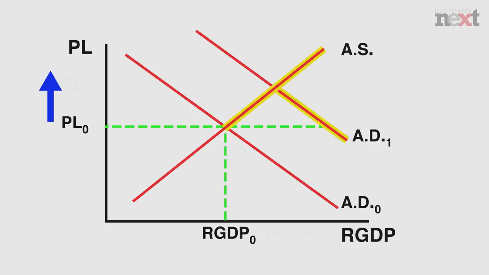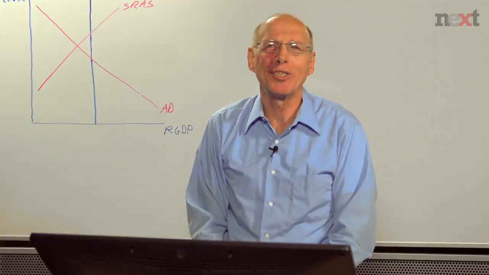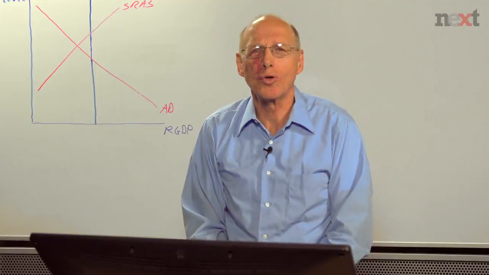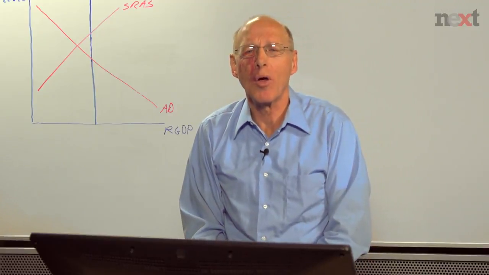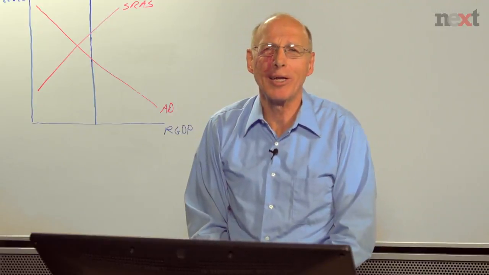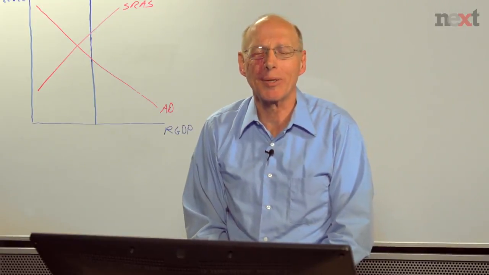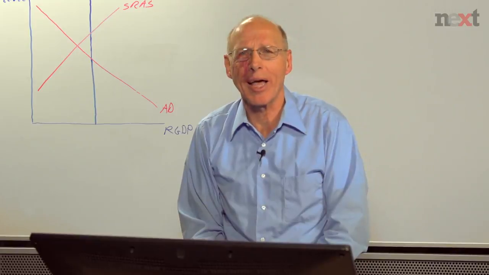But those movements along aggregate demand and aggregate supply move us towards our new equilibrium level, where the price level is at PL subscript 1, and the level of real gross domestic product is at our GDP subscript 1. The economy has automatically adjusted to its new short-run macroeconomic equilibrium, where the aggregate demand curve, AD1, intersects the aggregate supply curve, represented by AS.